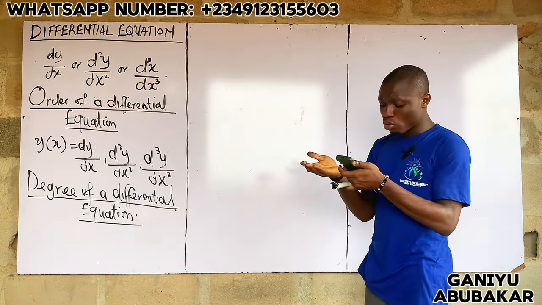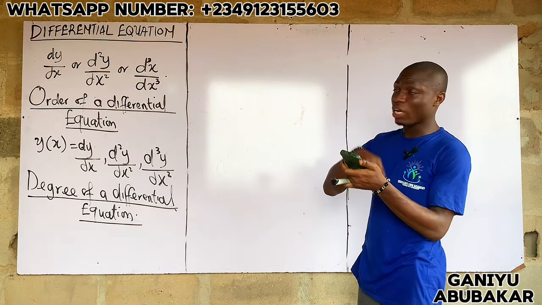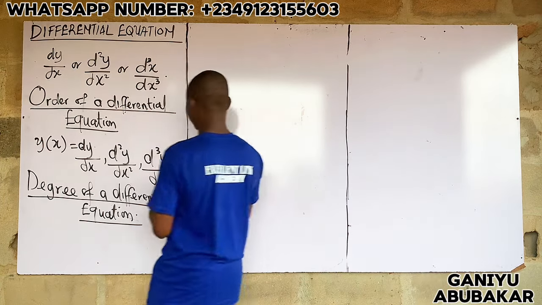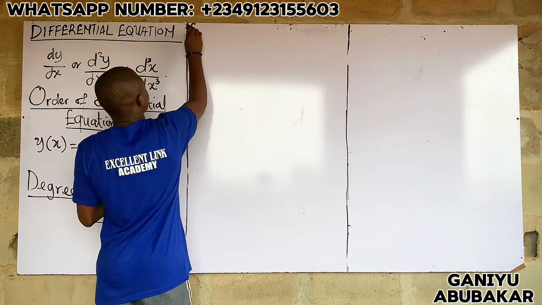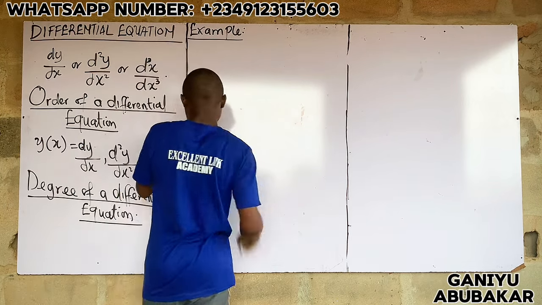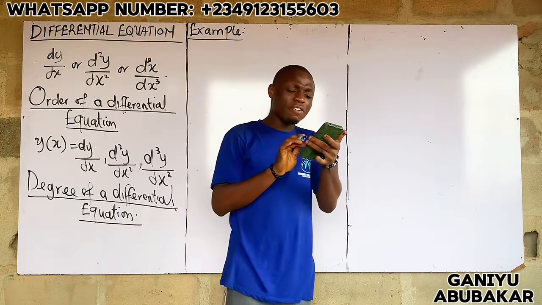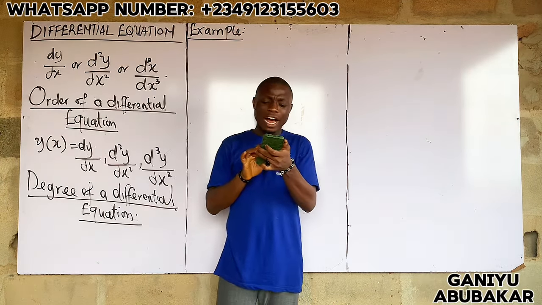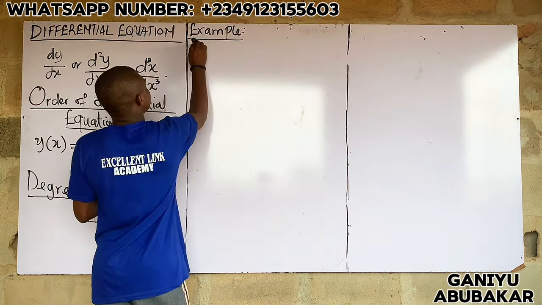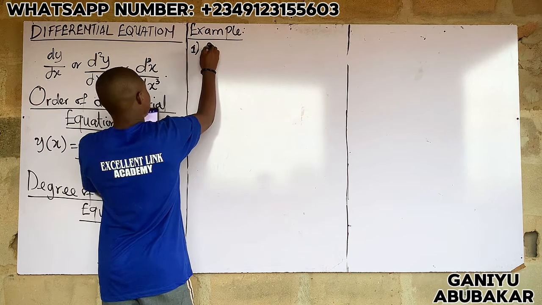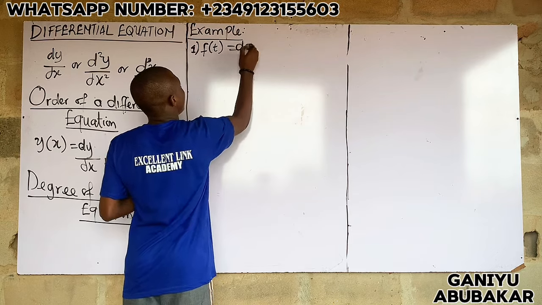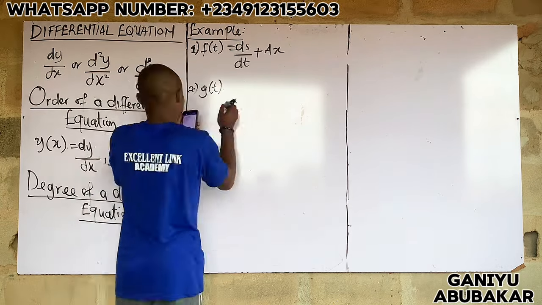We'll take an example together and look at how these two concepts work. Example: given the following function, find the order and degree.